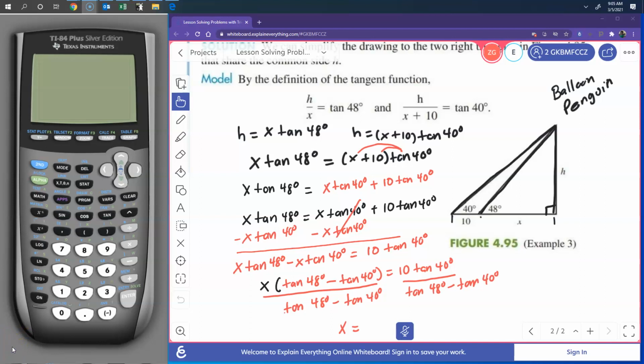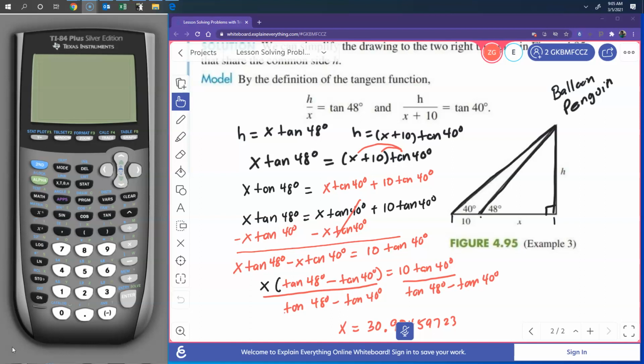So the value of x comes out approximately 30.9045973. Of course, I didn't round off. So we need to solve for the height. To solve the height, we just have to substitute into one of the equations.